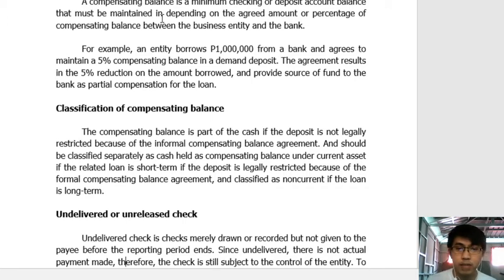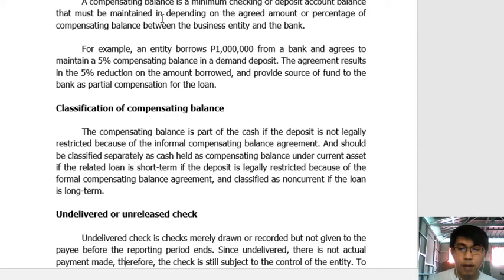Hindi na siya cash, but it is a cash held as compensating balance. Yun yung mismong account title: Cash held as compensating balance. Kapag merong legal restriction doon sa compensating balance na yon, provided that it is a security or a partial security on a short-term loan.